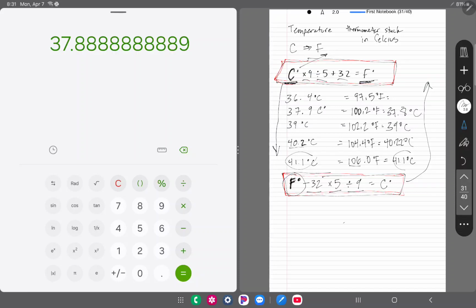There you are. Pretty close. Last one, 97.5 minus 32 times 5 divided by 9, and you get 36.38 repeating degrees Celsius, which would round up to 36.4.